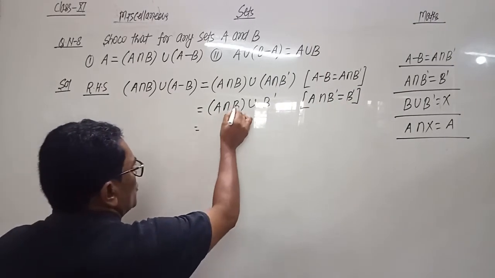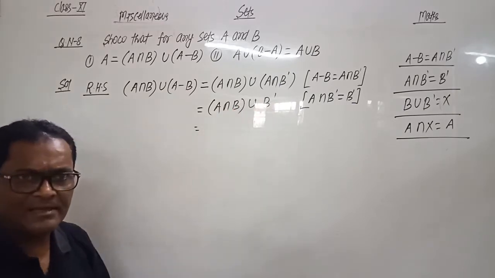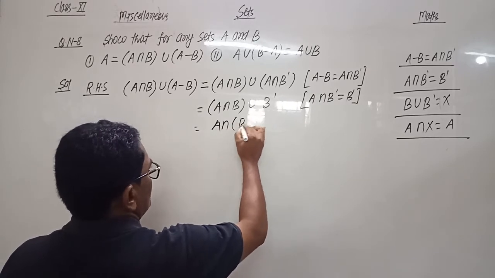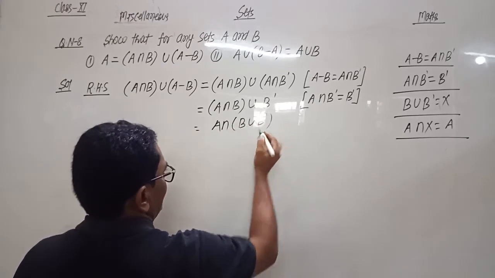Now we put together B and B dash in a bracket. So A intersection B union B dash is written in bracket.